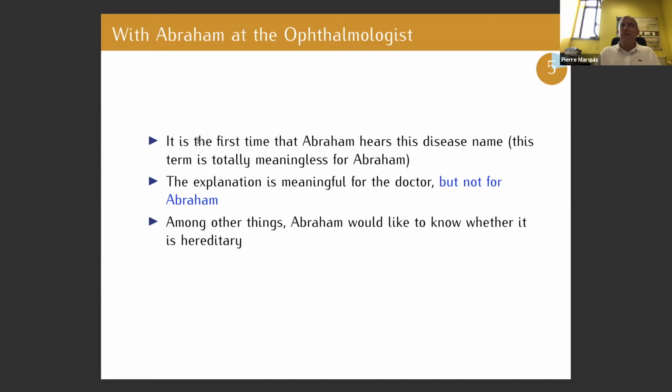So what can be done in such a case? What should be an intelligible explanation? There are some, of course, some questions that Abraham would like to know. Is it a severe disease? How to cure it? Is it hereditary or not? All those points are of interest for Abraham at that stage.